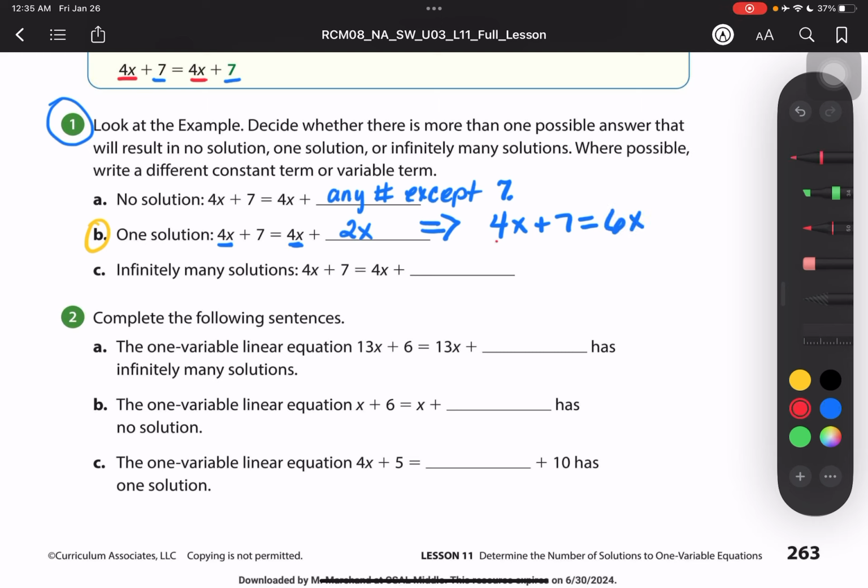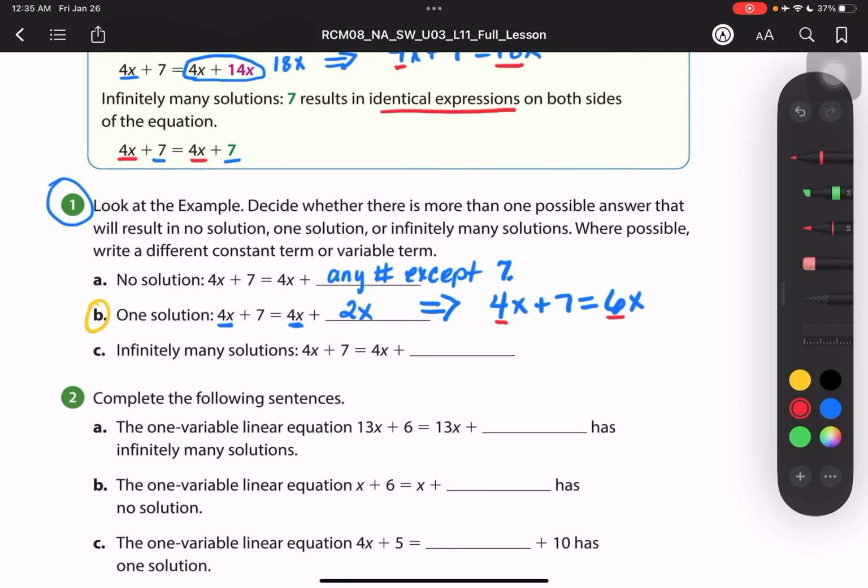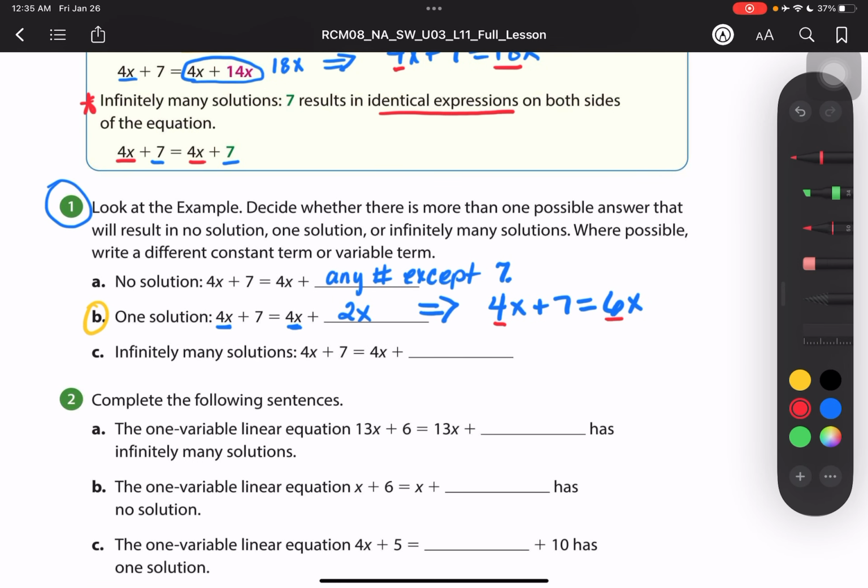So you see how that'll leave me with different coefficients? Okay. Infinitely many solutions. That answer pretty much is given to you up top. So the only one that'll make this equation identical has to be 4x plus 7, because they have to be identical on both sides of the equal sign.